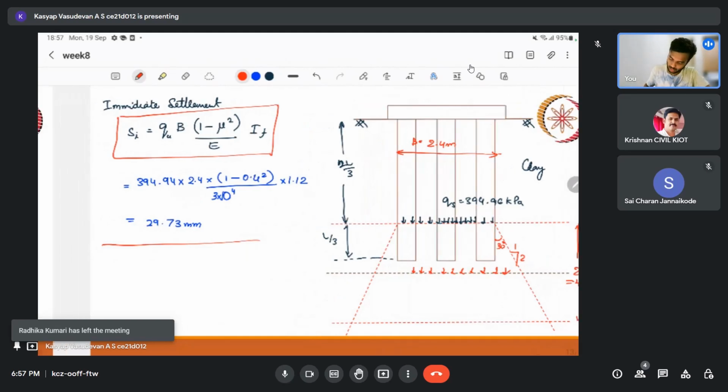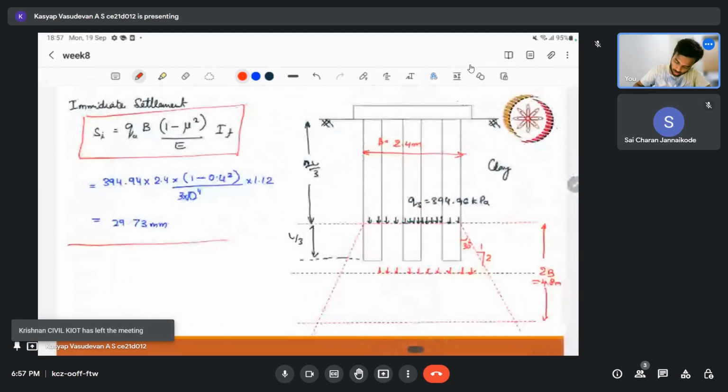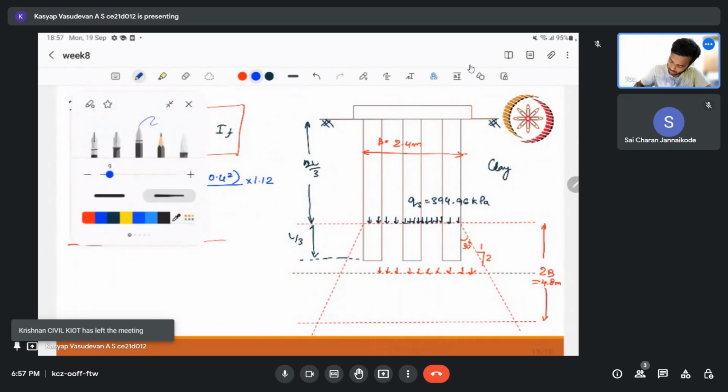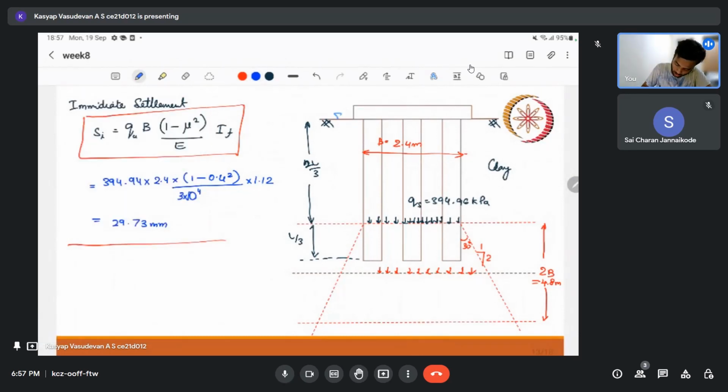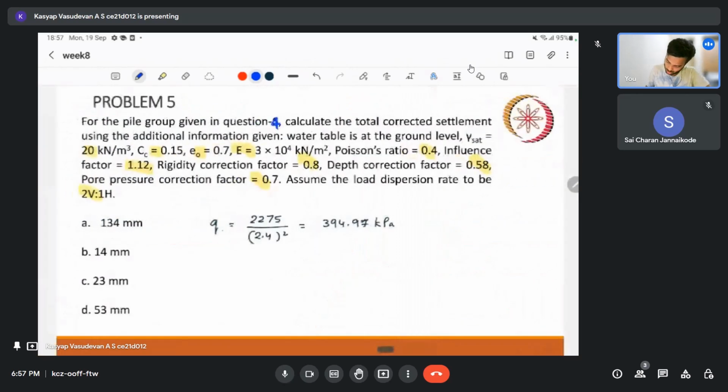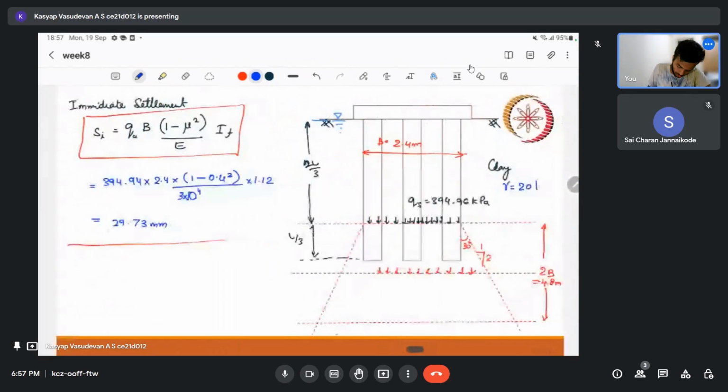okay. So what is the water table? Water table is at ground level. So our gamma is also given as 20. Is it 20? 20 kilonewton per meter cube. So our effective overburden pressure at a level.